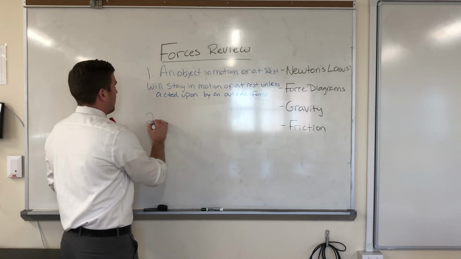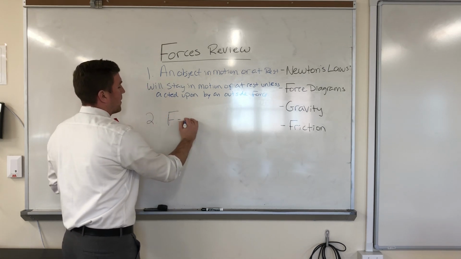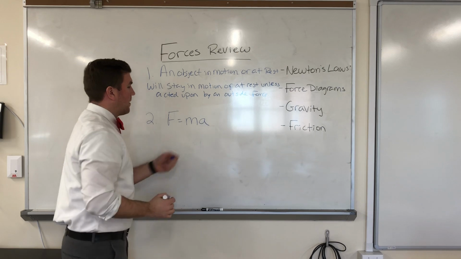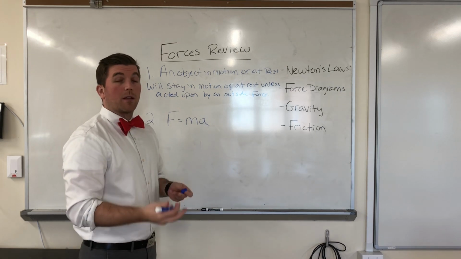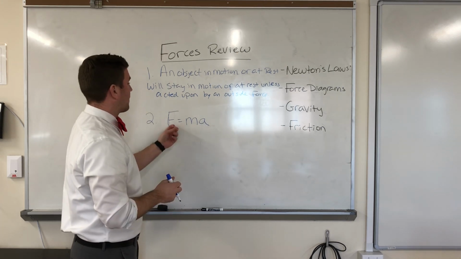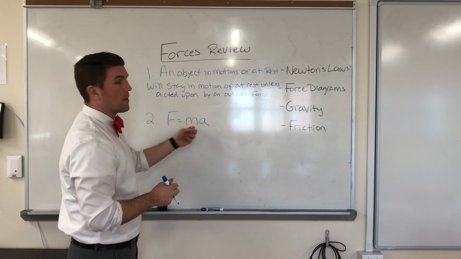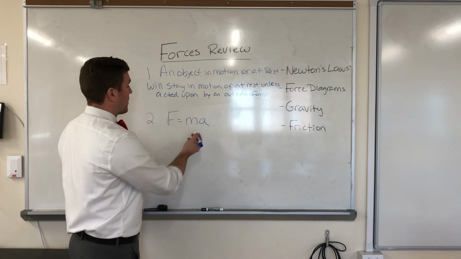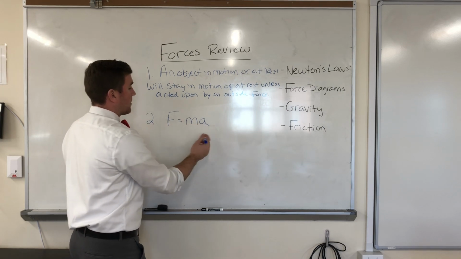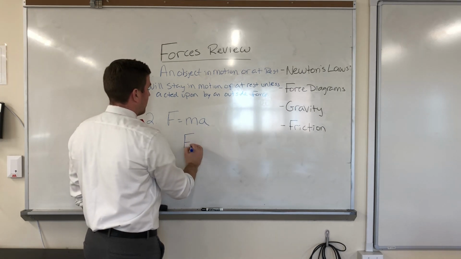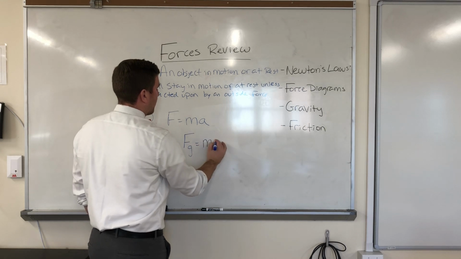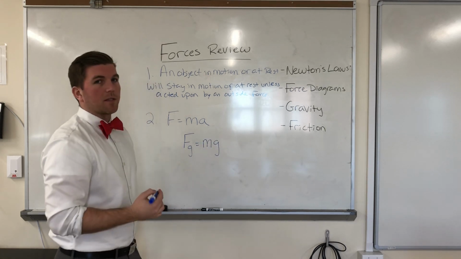The second law is simply the equation F equals ma. For Newton's second law, we did a lab where we related force and acceleration and found that the slope was the mass. You could also look at a more general form: force of gravity equals mass times the acceleration of gravity.